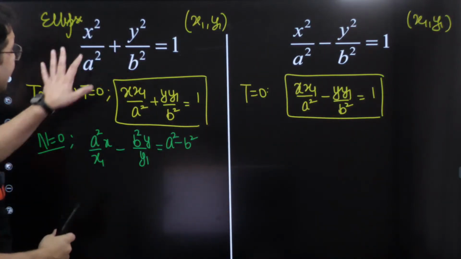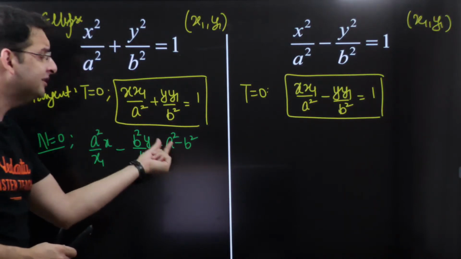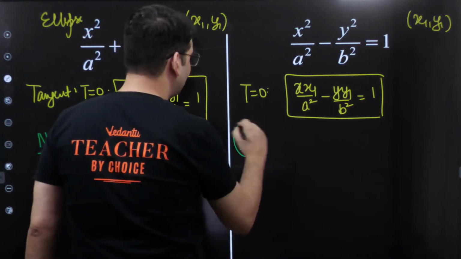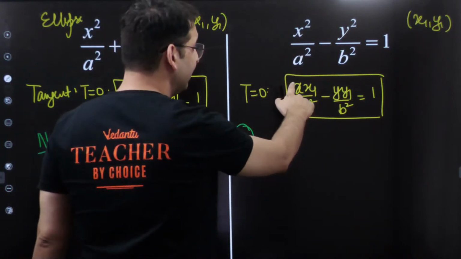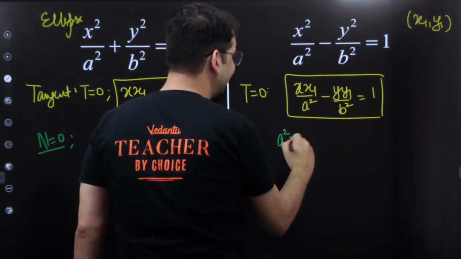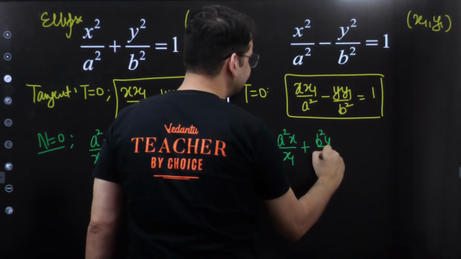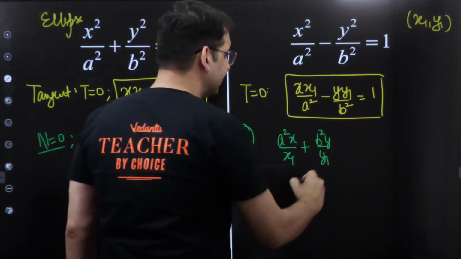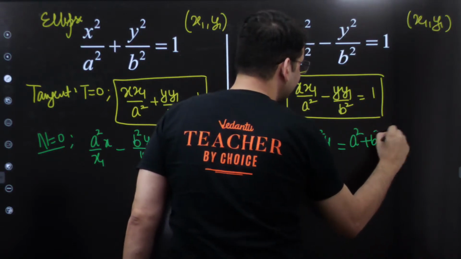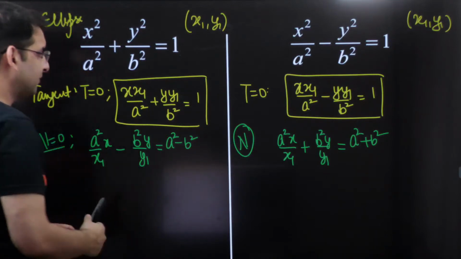So again, the equation contains a square minus b square in case of ellipse. For the normal, just put the minus sign. Likewise, if I have to write the normal for the hyperbola, same trick. Reciprocate the coefficient of x, so it will be a square x by x1 plus b square y by y1. Just change the sign. On the right side, since it is hyperbola, we write a square plus b square; a square minus b square in case of ellipse.